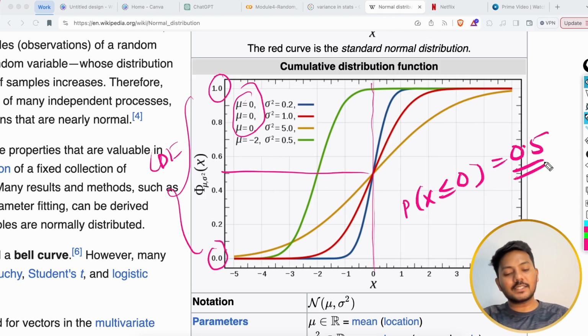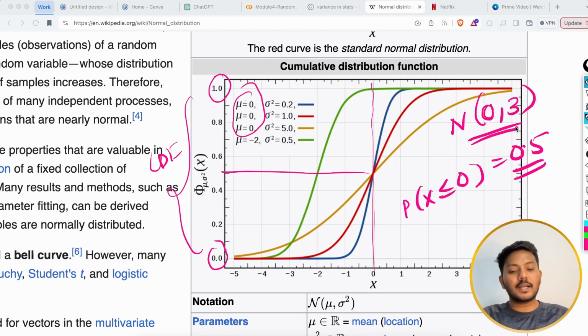Clear? So when I say I have a normal distribution or a Gaussian distribution in which my mean is 0 and I could have any amount of variance, let's say 3, I can conclude that the probability of my x, which is my random variable, being less than or equal to 0 is exactly equal to 0.5.